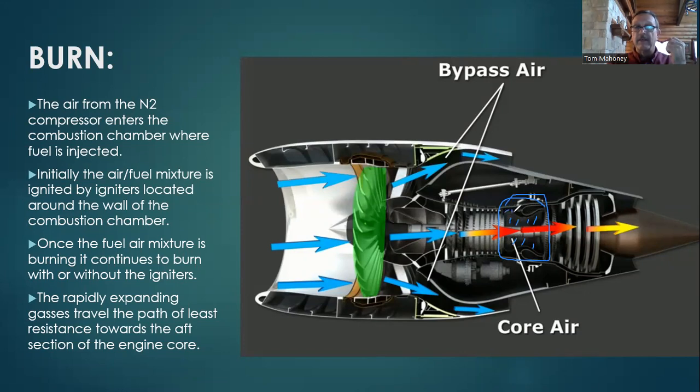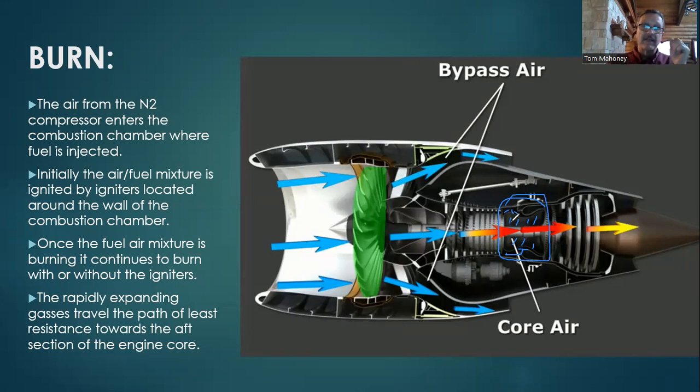As the fuel gets into the burner can, igniters around the outside area of the burner can ignite the fuel. That fuel-air mixture created by the compressed air coming into the burner can lights off and expands rapidly.